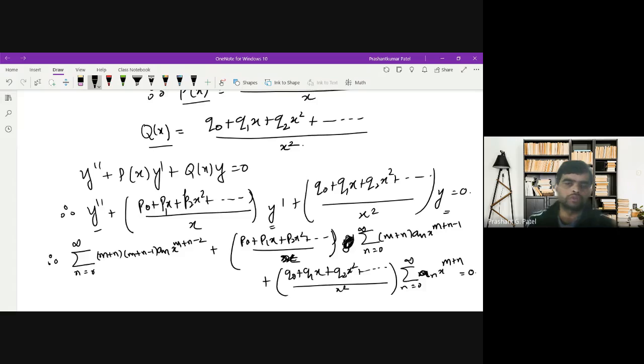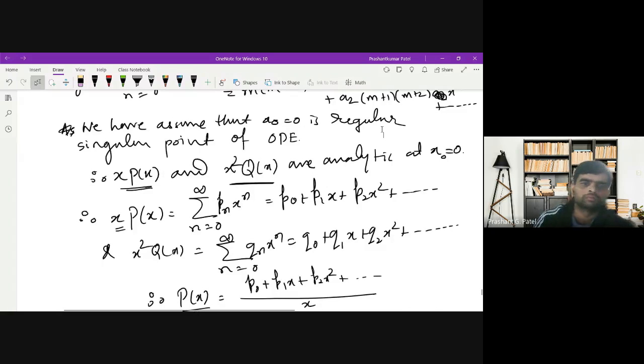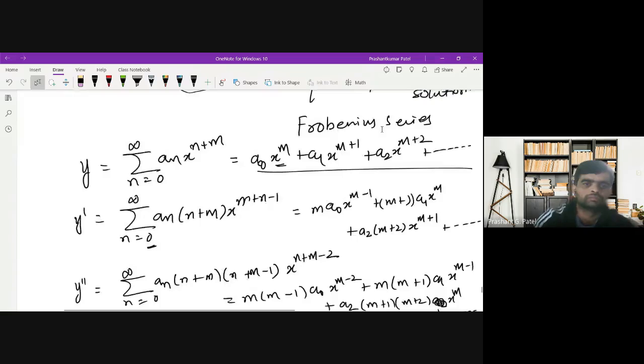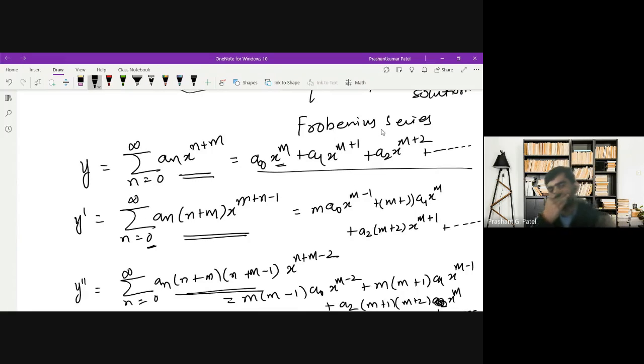So I have substituted the values of y double dash, y dash and y, as we calculated previously above, into that differential equation.